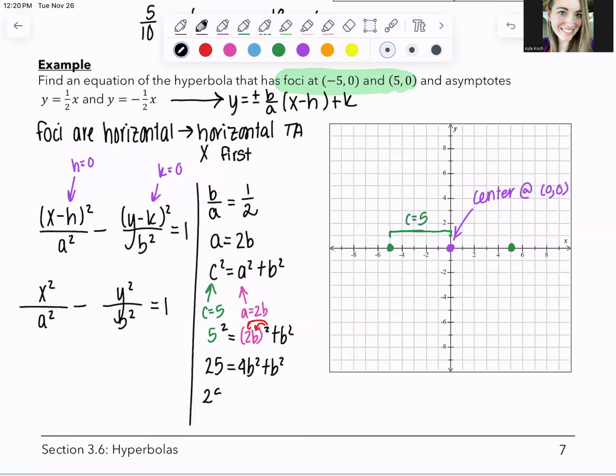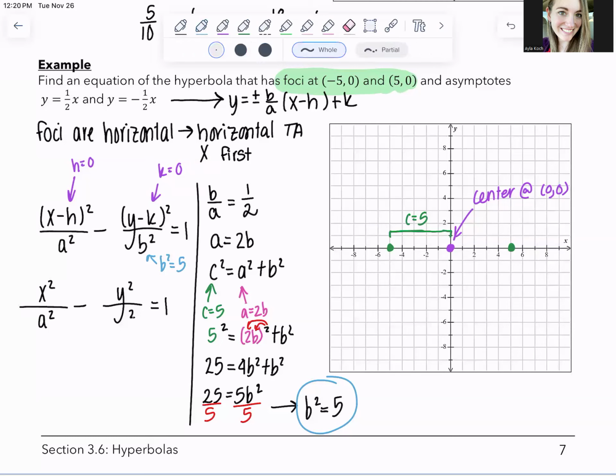So 25 is equal to 5b squared. We can solve for b squared here. Divide by 5 on both sides. b squared is equal to 25 divided by 5. So b squared is 5. b itself is square root 5.